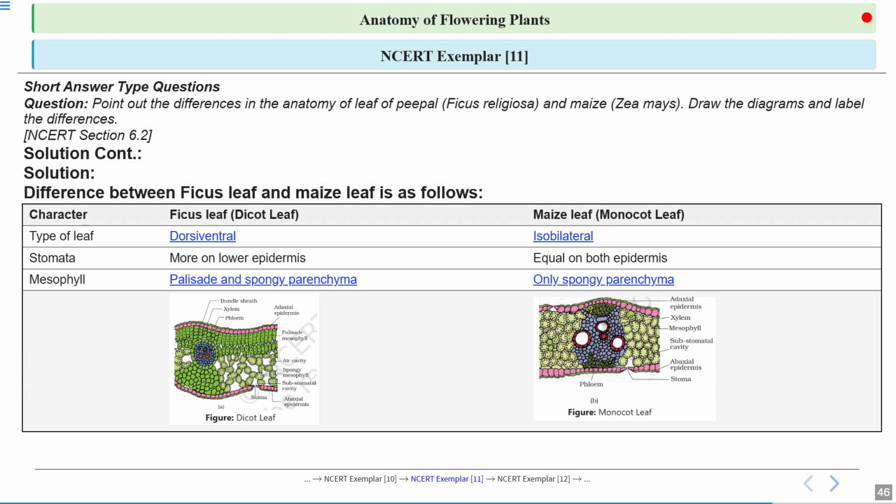Now if you see the maize leaf, only spongy parenchyma, no palisade parenchyma is found in the maize leaf. Major differences regarding the mesophyll. And you can see the air cavities. More air cavity is present in the dicot, whereas less air cavity is present in the monocot.